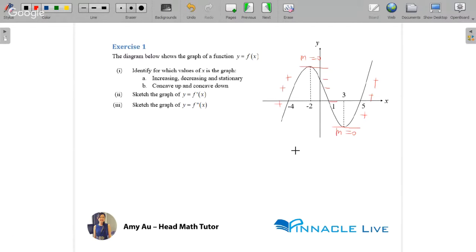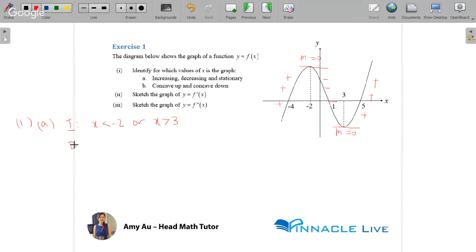All right, so once you've done the map, that pretty much answers that first part. So I'll just note it down. So part A, it's increasing from this part, so x is less than -2, or this part, x is greater than 3.